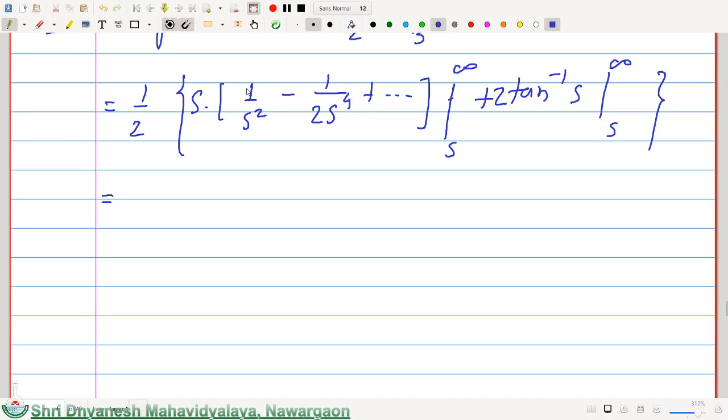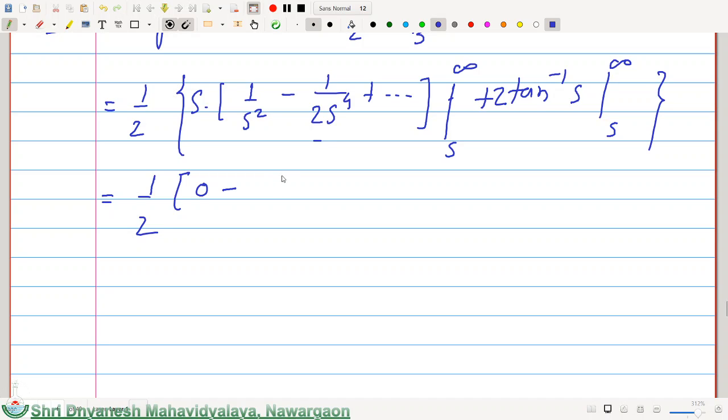This will be 0 because infinity is there in the denominator. This fraction is also 0. So every term in the bracket at the upper limit will become 0. So we are not going to write that. So 1 by 2 into 0 at the upper limit minus the value at the lower limit, that is x equals s.